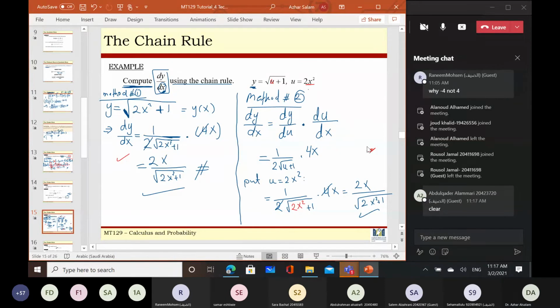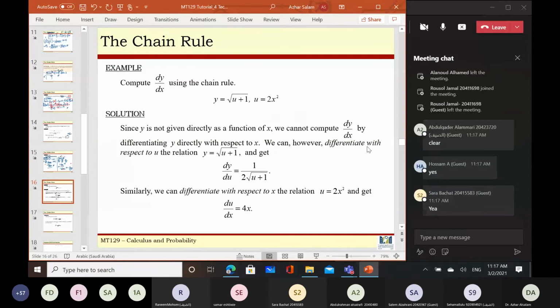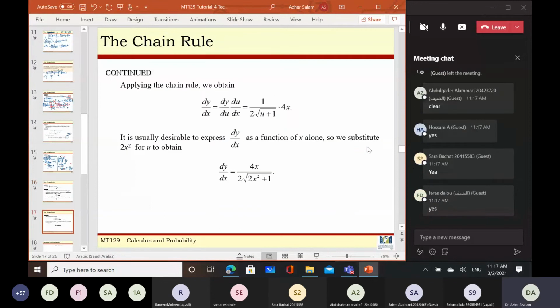Okay, there's so much detail in your slides, but finally they have the same answer. But still have to simplify here. 4 by 2 is equal to 2x divided by the square root.